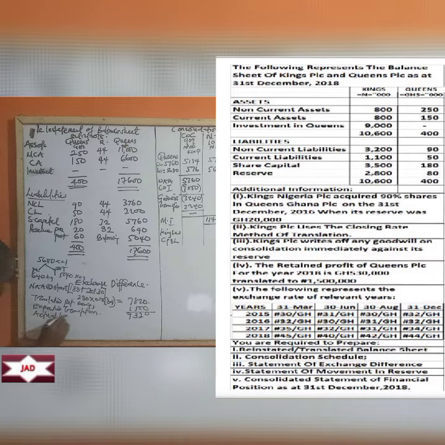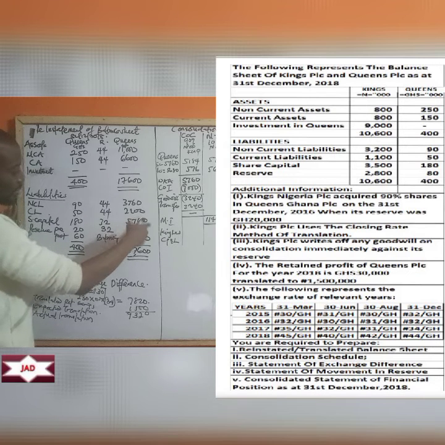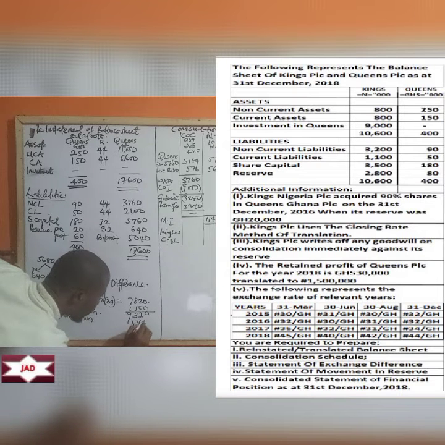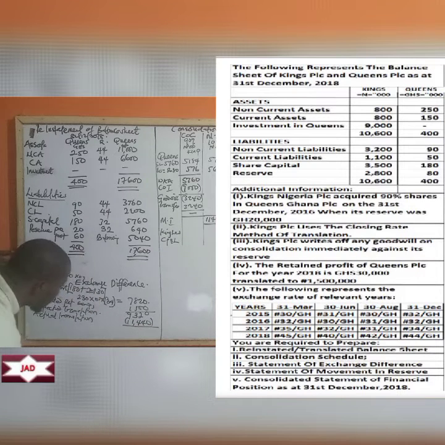Now, what was the actual translation? That is what we have here: 5,760, 640, and 5,040. 5,760 plus 640 plus 5,040 is 11,440.